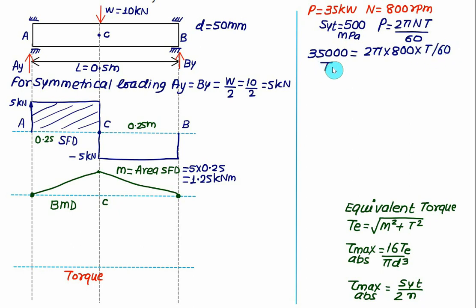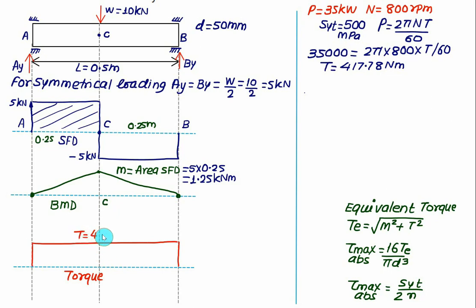So we get a twisting moment T, which is uniform over the entire section, 417.78 Newton meter.